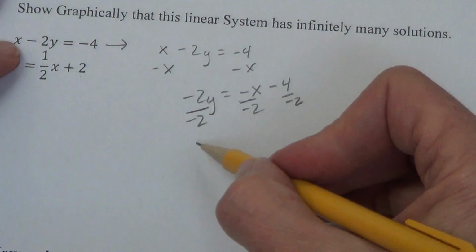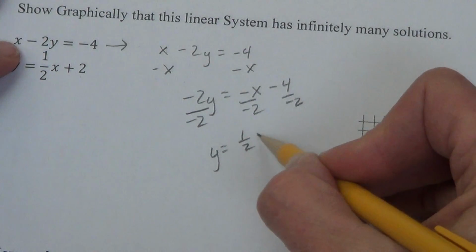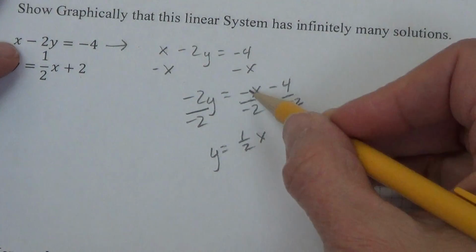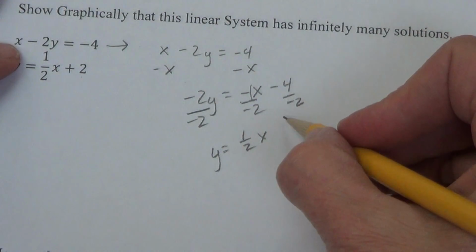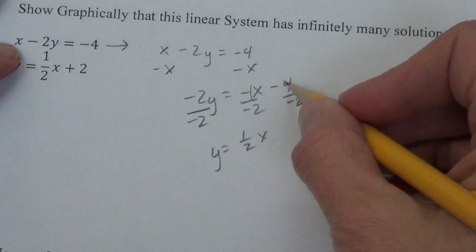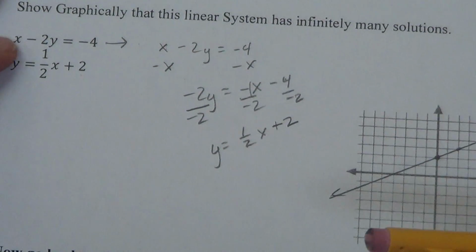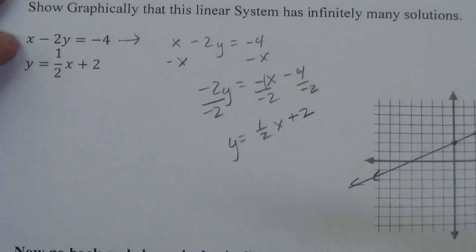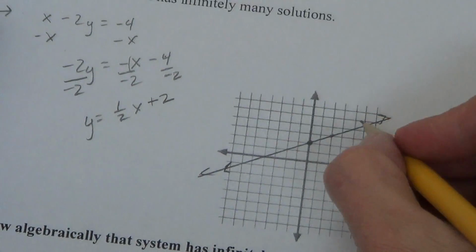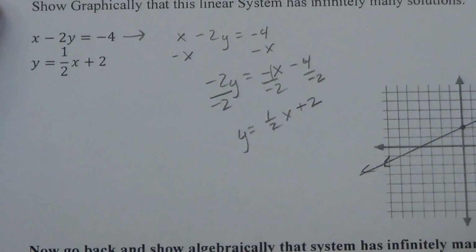And we get y equals 1/2 x plus 2. The negative and negative wiped out, and there was a 1 by the x. So that's 1/2 x. -2 goes into -4, +2 times. So we can see they're the same line. Just put another arrowhead on the graph to show that we got the same line. So graphically we've shown infinitely many.